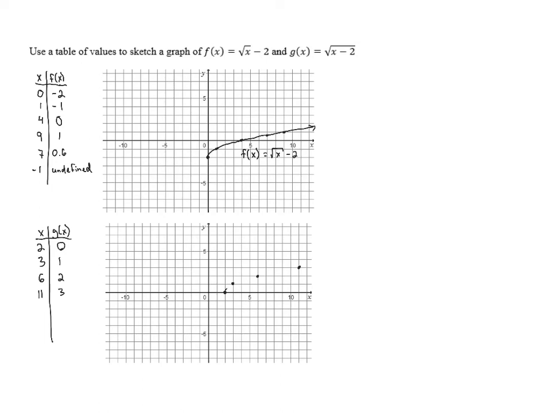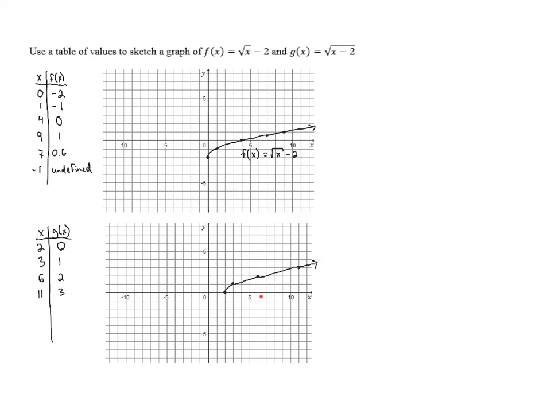This looks very similar to the square root graphs that we've seen before, only this one is moved to the right 2 units, unlike the last one, which was moved down 2 units. And we know that this is going to be the end point, because if x is less than 2, then x minus 2 is going to be negative, and we can't take the square root of a negative.